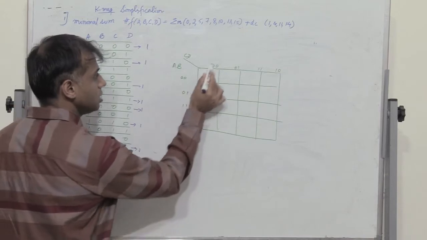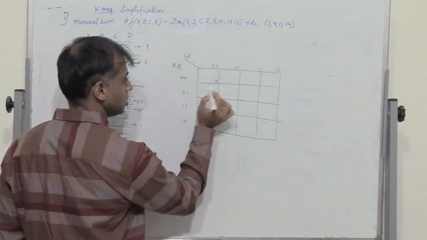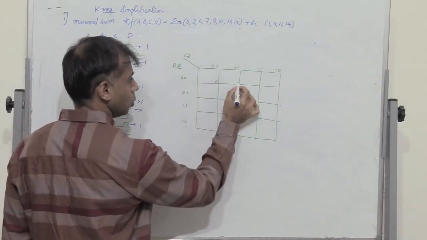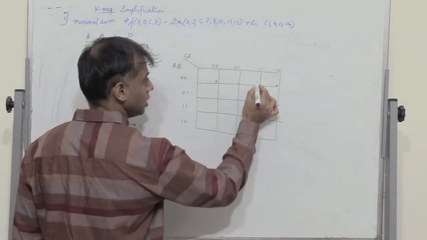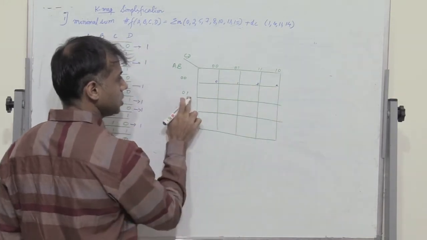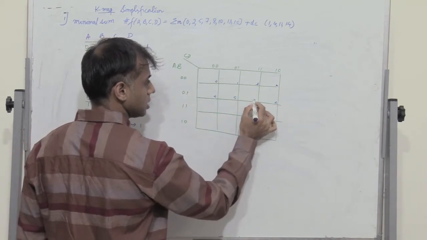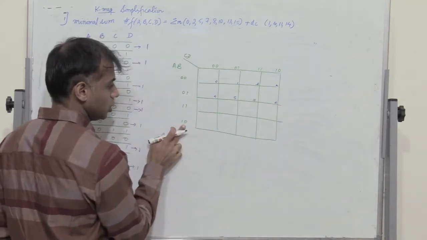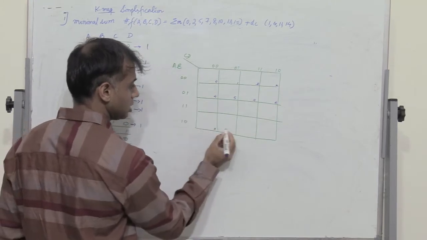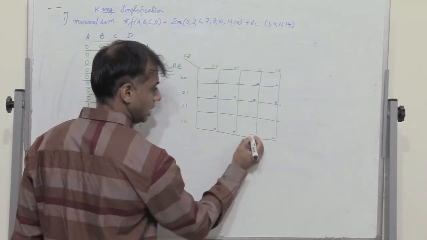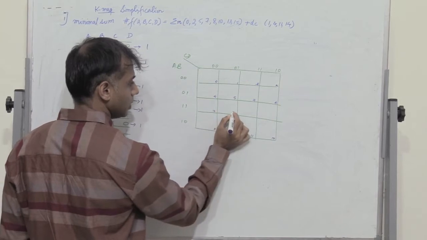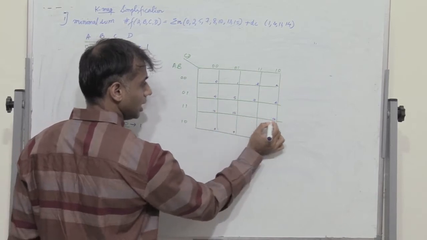So this is going to be 0, 0, 0, 0. So I write a 0 here. Next 1, so this is going to be 2 and 3, and then I have 0, 1, 0, 0 which is 4, 5, 6 and 7, then I have 8 which is 1, 0, 0, 0, 8, 9, 10, 11, and then again 12, 13, 14 and 15.